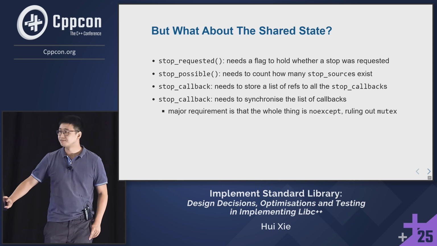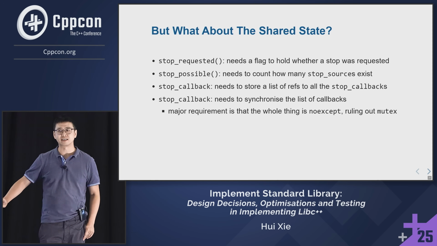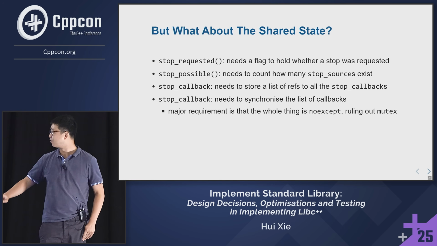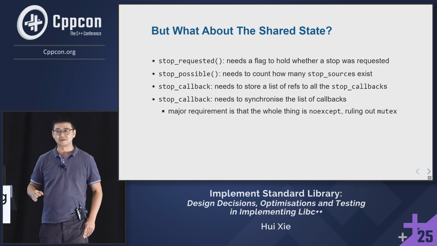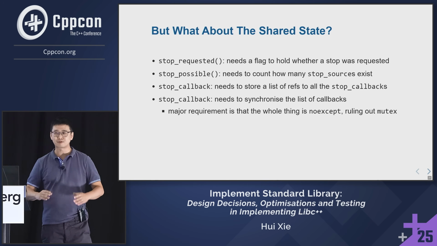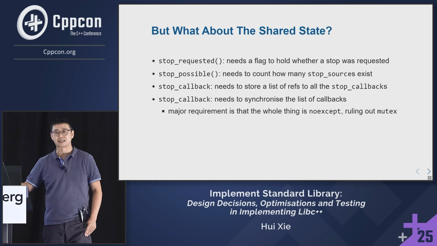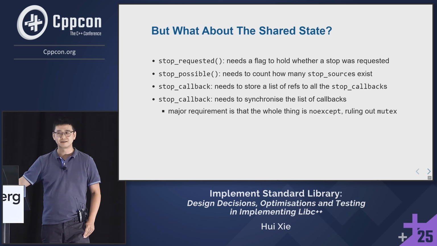However, I can't really use a vanilla mutex, because mutex locking and unlocking can throw exceptions, and all these functions are required to be noexcept. So we can probably try-catch in a while loop, for example, but we can't directly use a mutex.